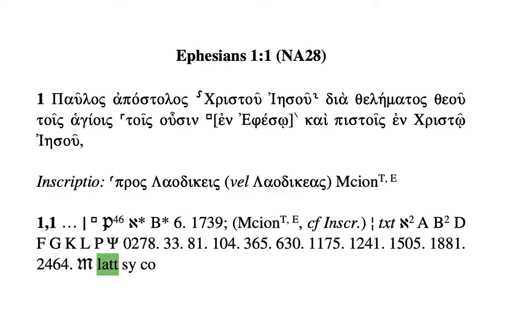Similar with sy, there are varieties of versions of the Syriac, but sy means the entire Syriac tradition, and you can see that on page 70. And then co, once again, is specific. It means all the Coptic witnesses, not just certain dialects of Coptic, and you can see that on page 74 of the introduction.